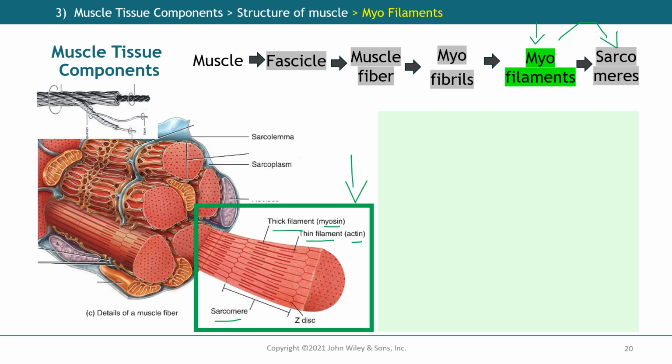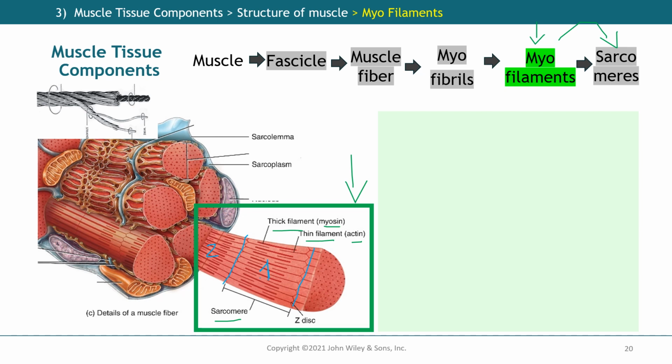If you see each one of these sarcomeres, and I'm going to use a blue color here, this one is one sarcomere. It goes from here up to here, and the next one will be here. As I said before, you can have hundreds and hundreds in a muscle.